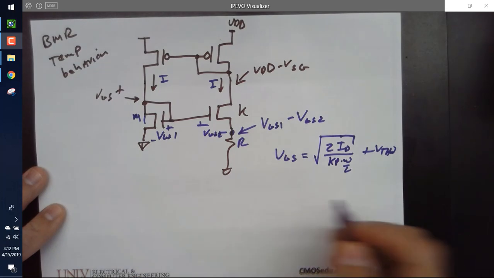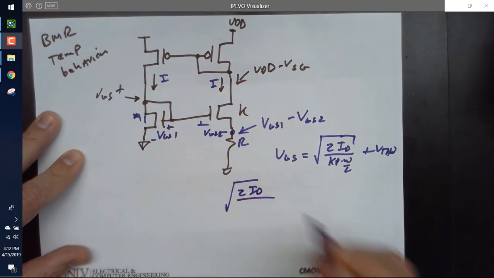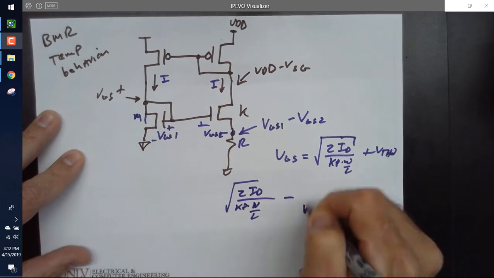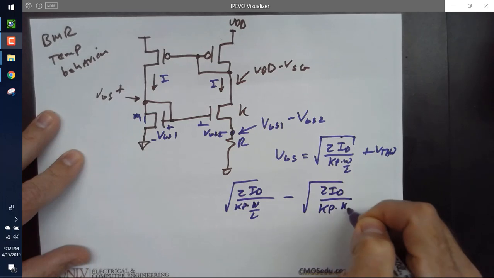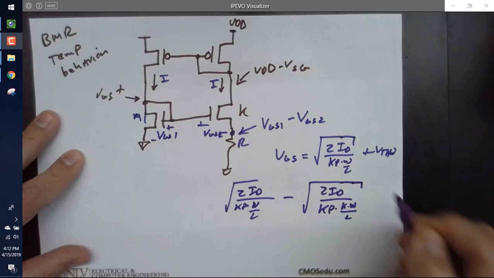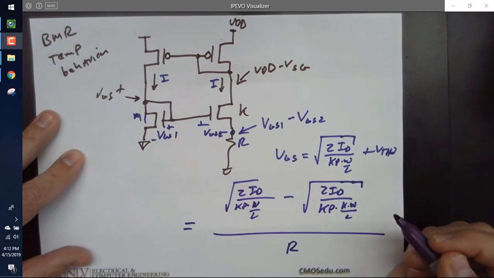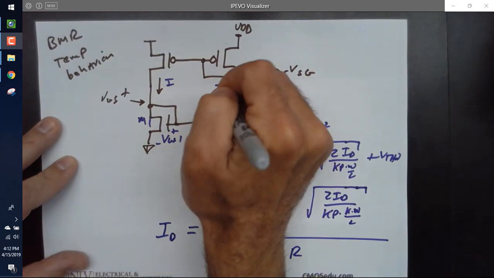So then I write, oh, well, VGS1 would be square root of 2 ID all over Kp times W over L, minus the square root of 2 ID all over Kp times K times W over L. And that's divided by R is equal to I. We'll call it ID.